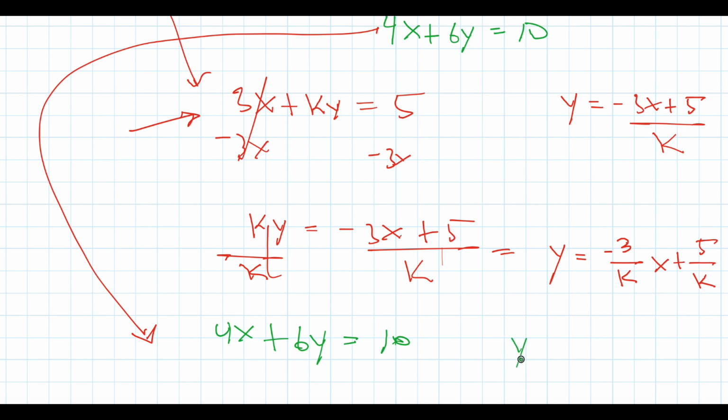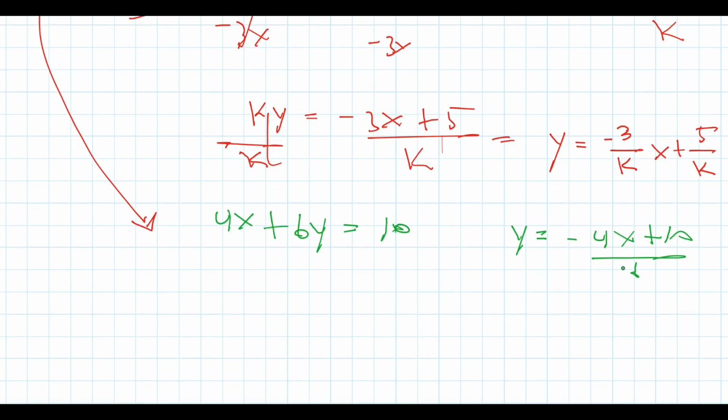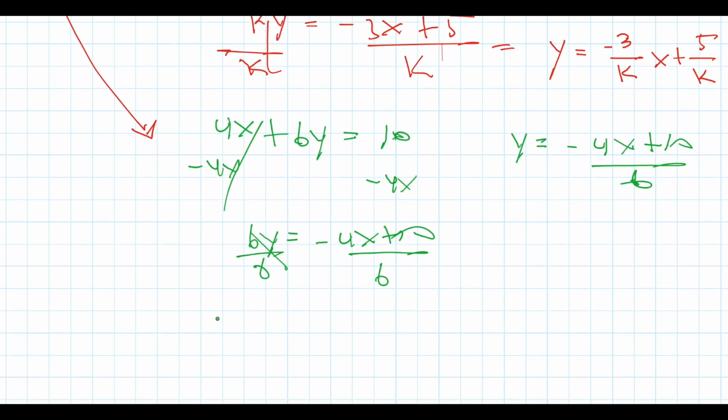Minus 4x and minus 4x, and 6y equals negative 4x plus 10. Divide by 6. So y equals negative 4x over 6 plus 10 over 6. Split it up, it's going to be negative 2 over 3 x plus 5 over 3.